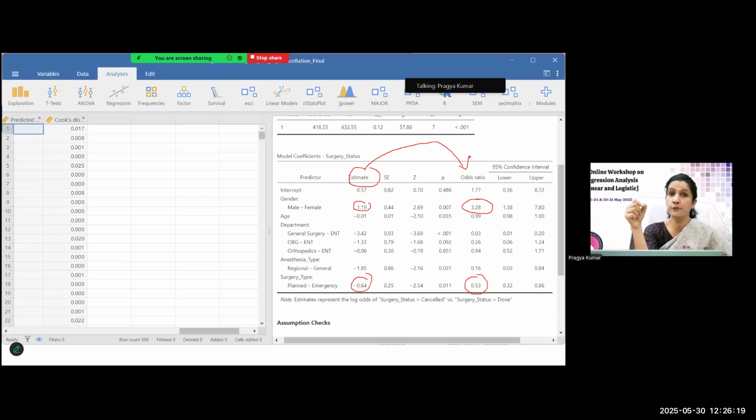This will be useful for those of you who have attended the systematic review and meta-analysis workshop. There, initially we take the log odds of all the coefficients, and then we back-calculate from the log odds to the odds ratio. So similarly, when you take the exponent of the log, it gives you back the odds ratio.